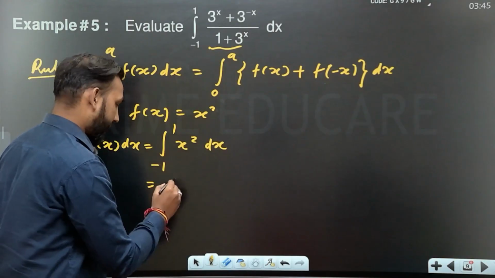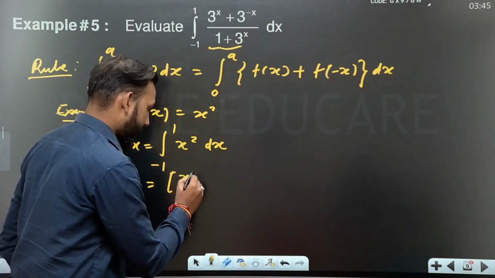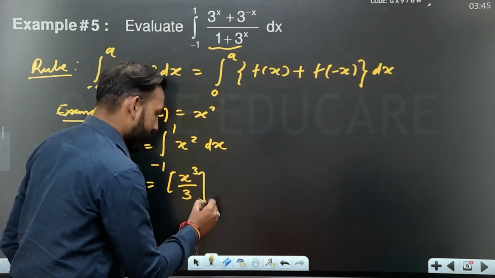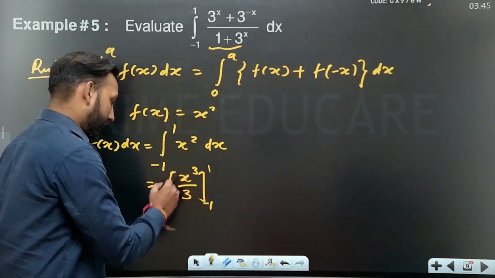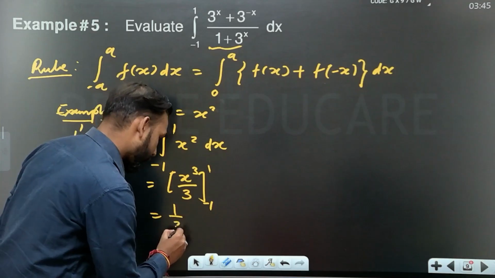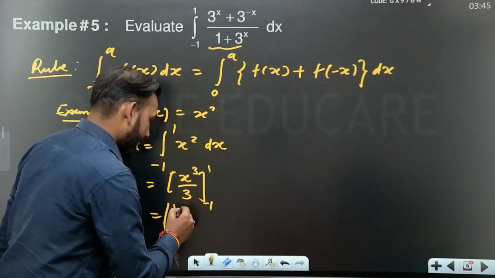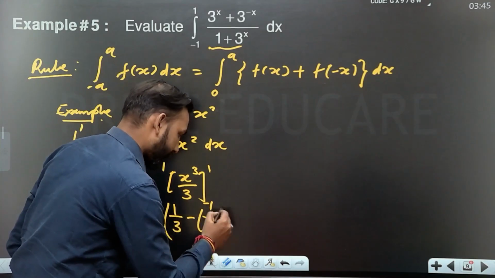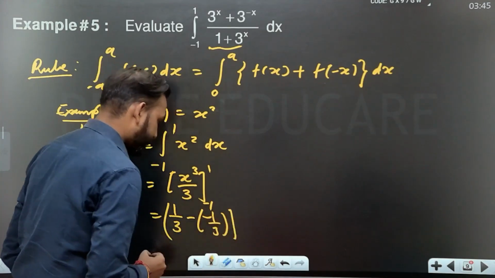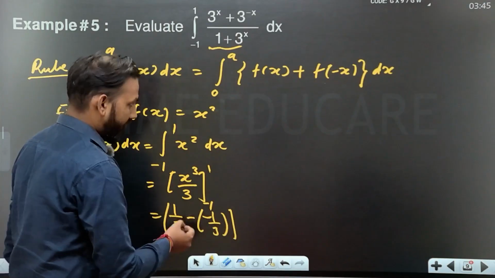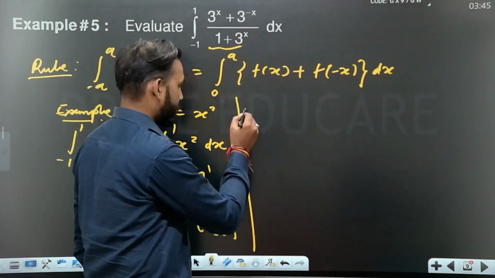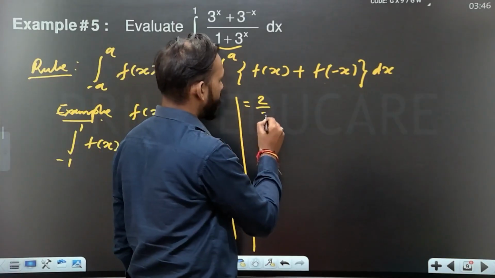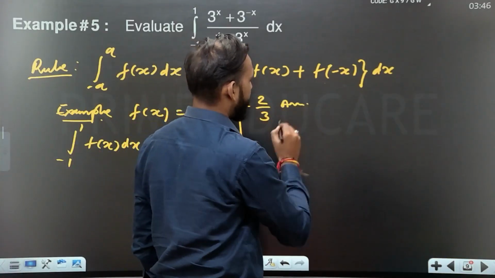If we integrate x square, we get x cube over 3 from minus 1 to 1. Putting the upper limit, it is 1 over 3, and putting the lower limit, it is minus 1 over 3. Calculating this, minus minus becomes plus, and we get 2 by 3 as the answer.